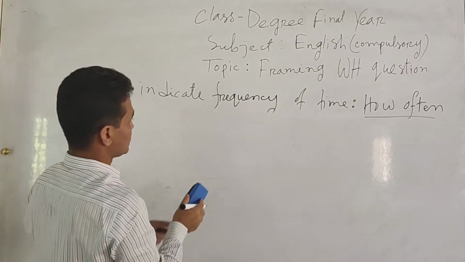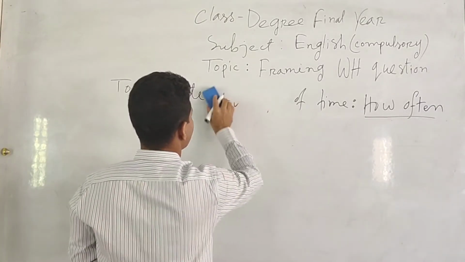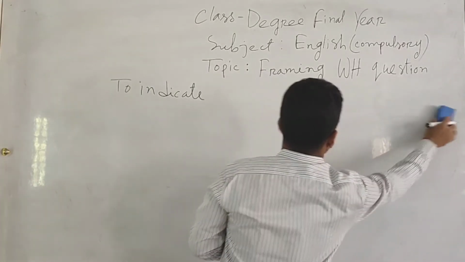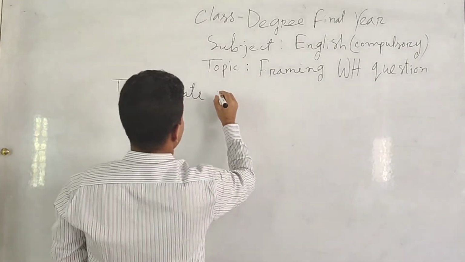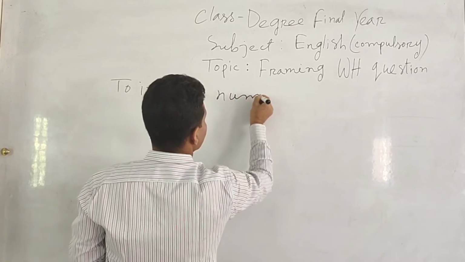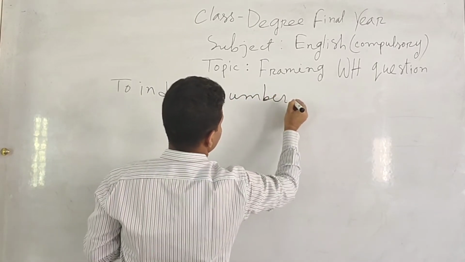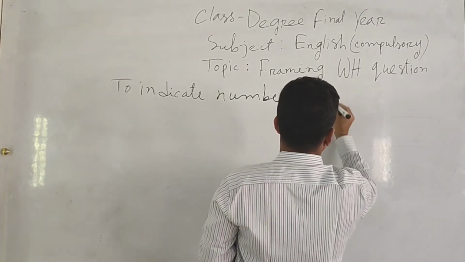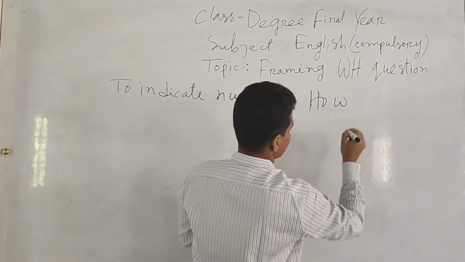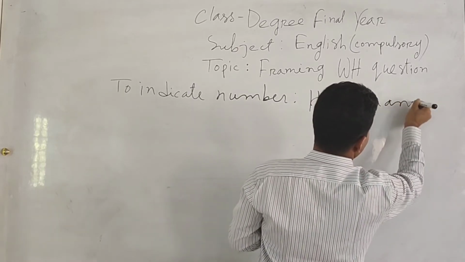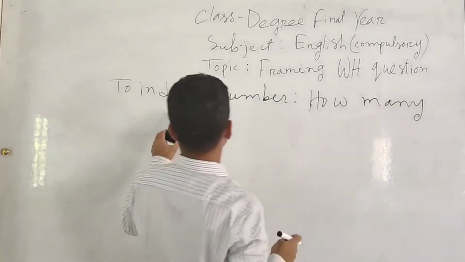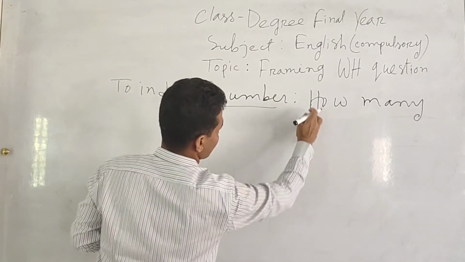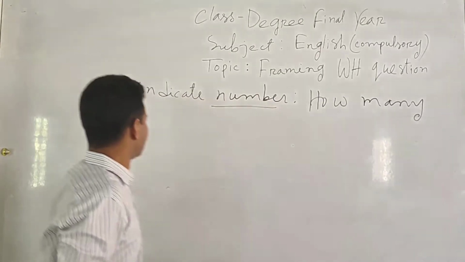Next one, to indicate number, we use how many. Okay, to indicate number, we always use how many.